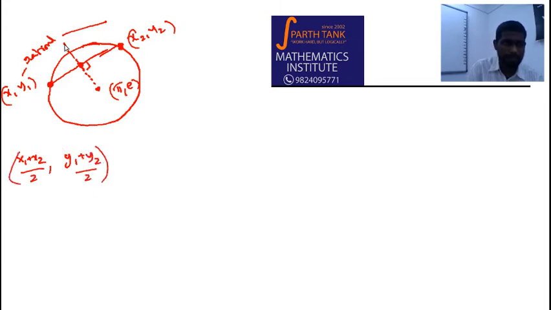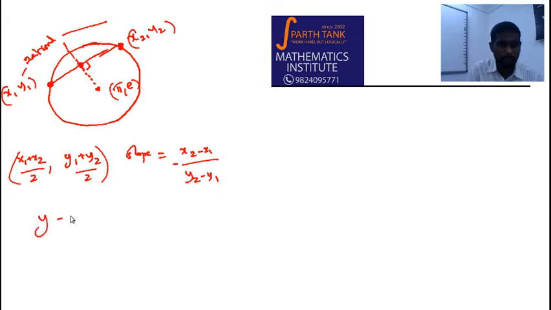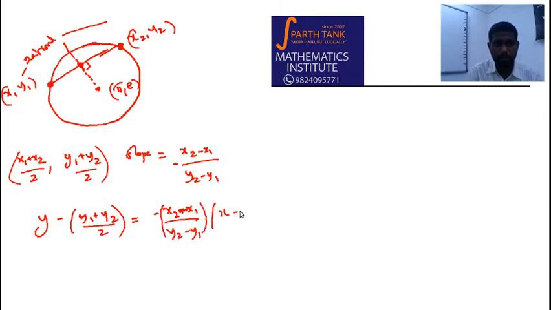This line is passing through the midpoint and has slope minus 1 by this slope, so it will be minus (x2 minus x1) by (y2 minus y1). So this line is going to be y minus (y1 plus y2)/2 is equal to minus (x2 minus x1)/(y2 minus y1) into (x minus (x1 plus x2)/2).